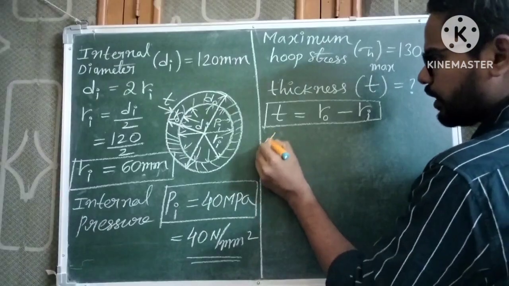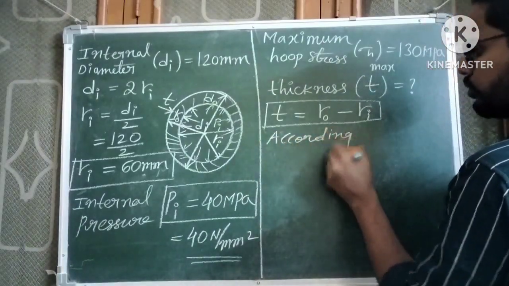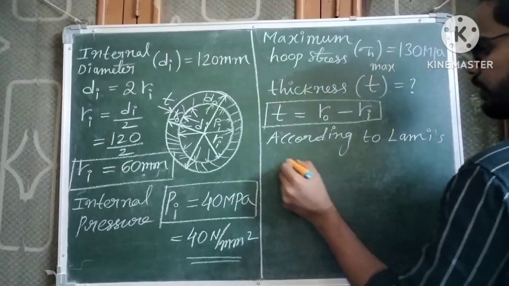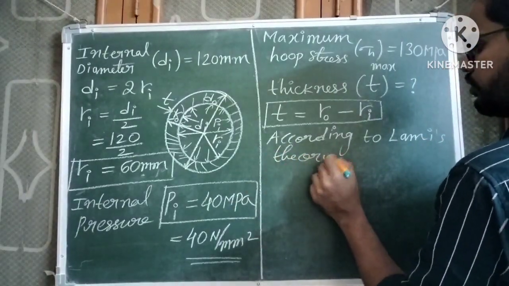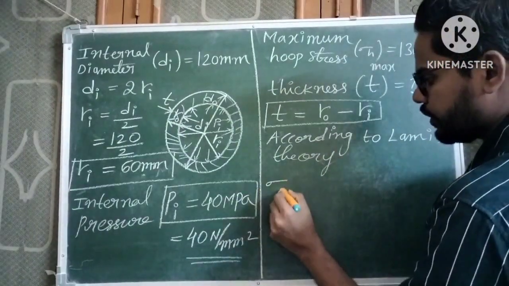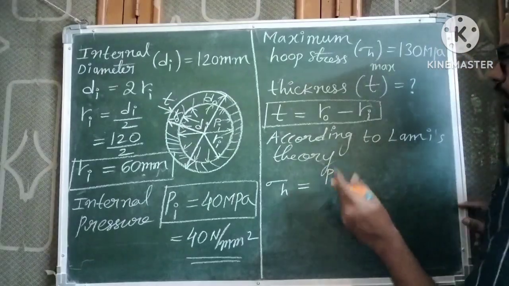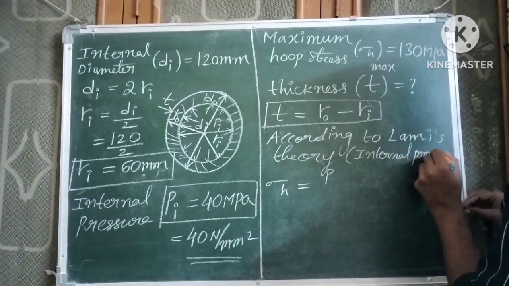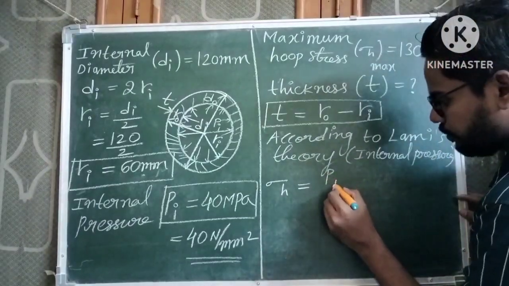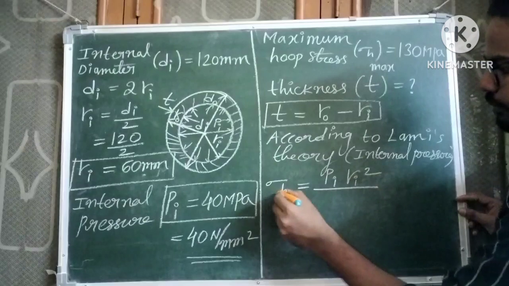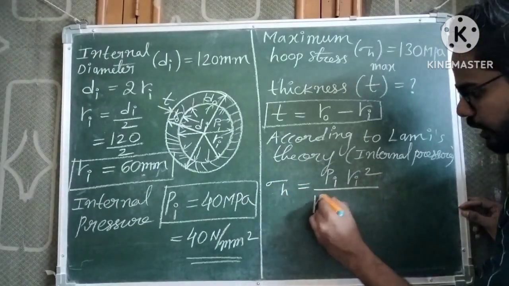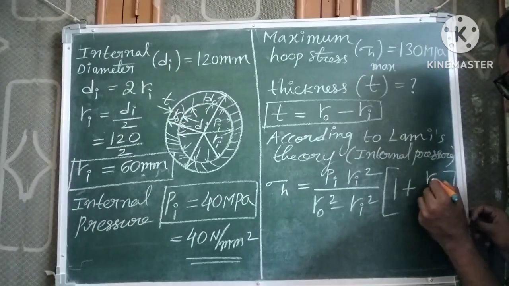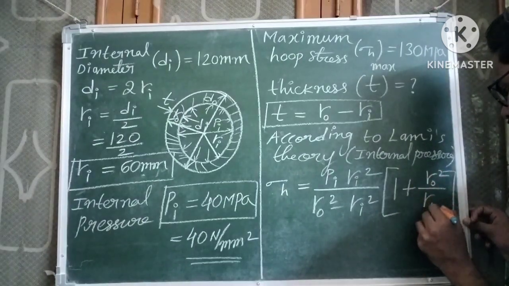So what is the formula for hoop stress according to Lame's theory? Suppose the cylindrical shell is subjected to internal pressure and external pressure is 0, negligible, then the formula is hoop stress sigma h equals Pi Ri square by R naught square minus Ri square, into 1 plus R naught square by R square.